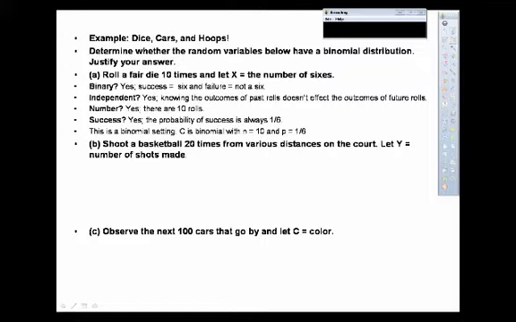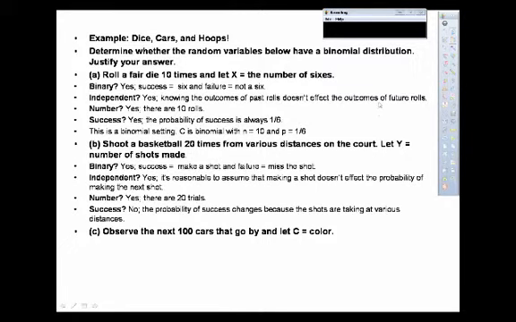Shoot a basketball 20 times from various distances on the court. Let y equal the number of shots made. Okay, so we're going to check our bins. Binary, yes. Success is make a shot. Failure is miss the shot. Independent, yes.